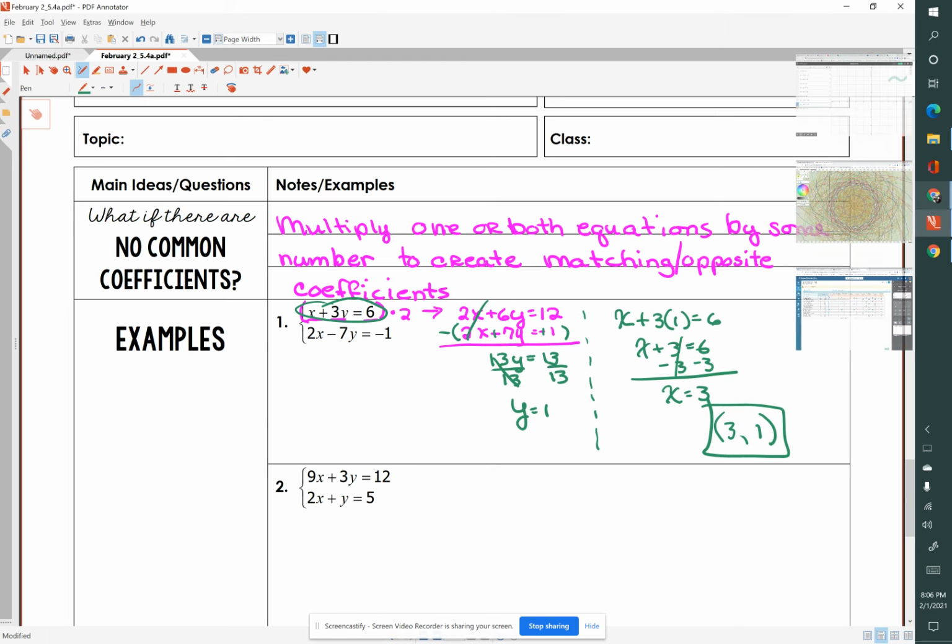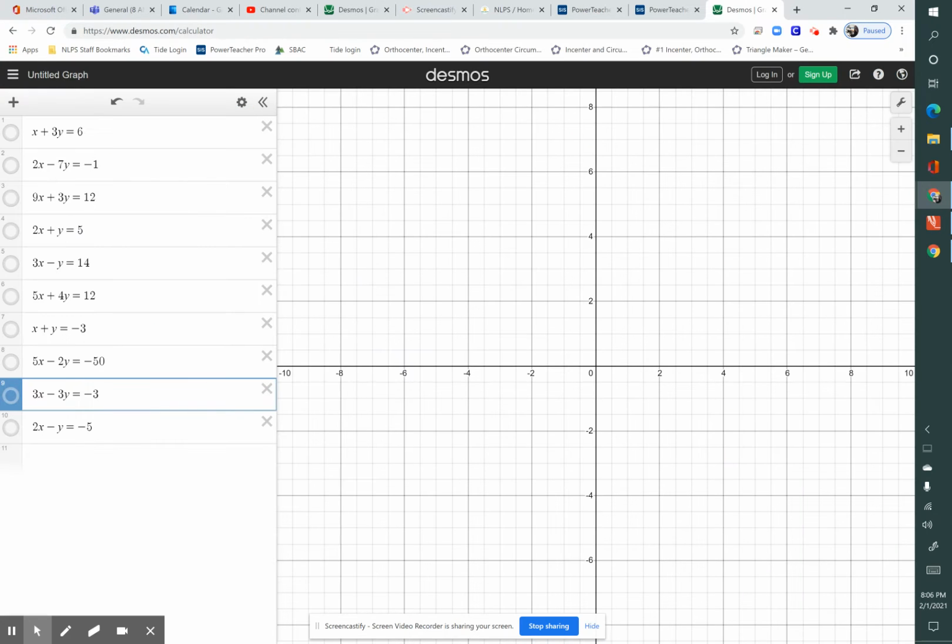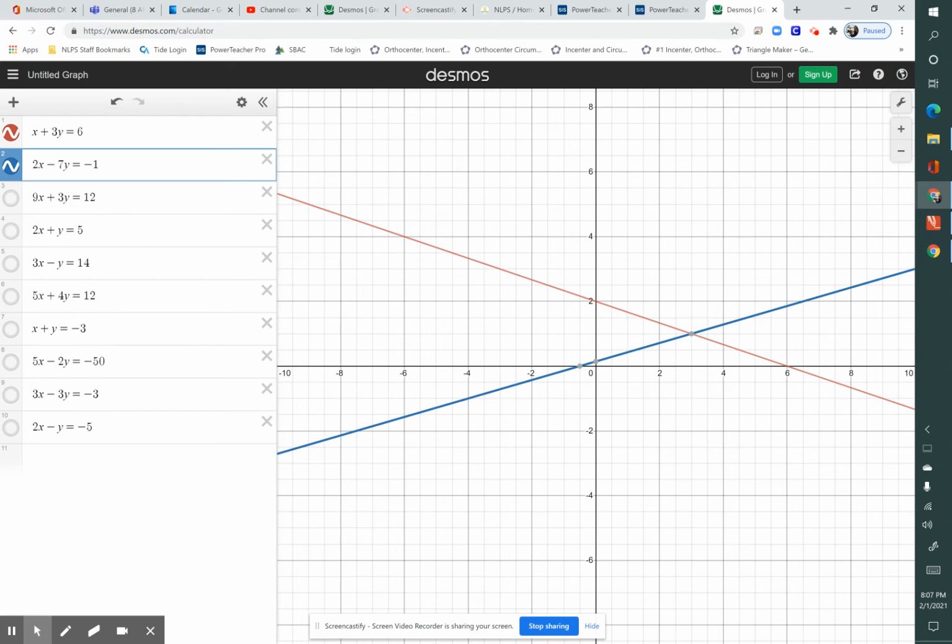And I've graphed these on Desmos. And there it is, the red line is x plus 3y equals 6. And the blue line is 2x minus 7y equals -1. And you can see the solution to that system of equations right there.